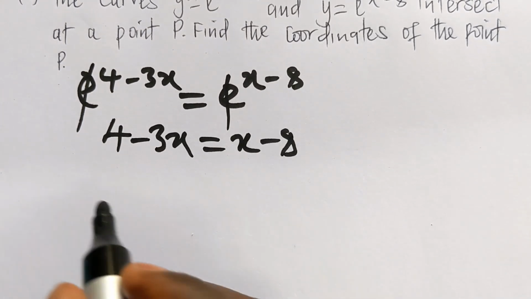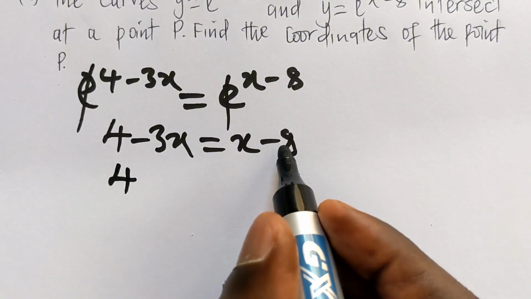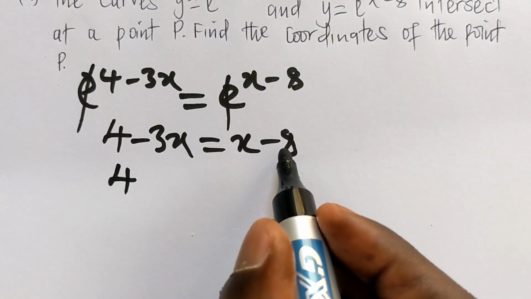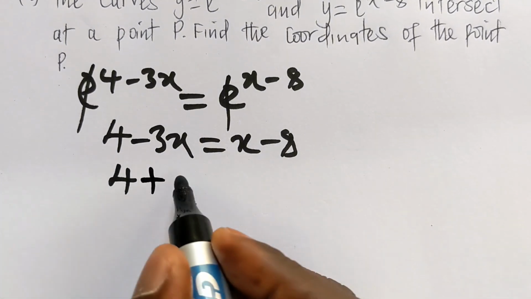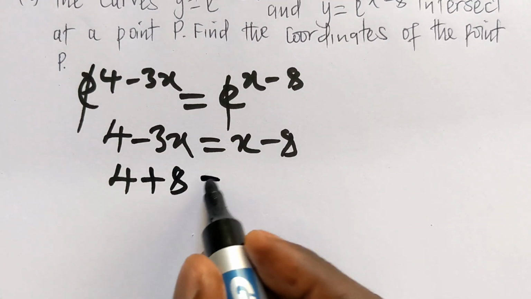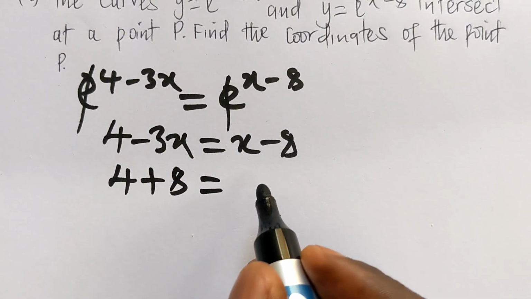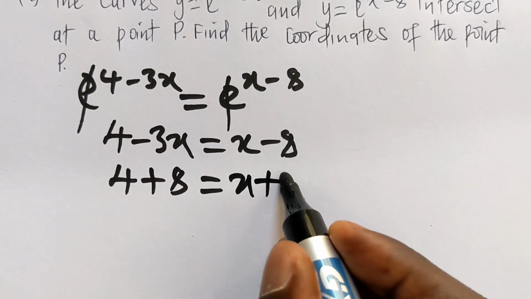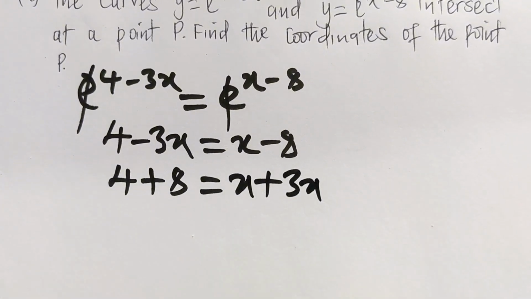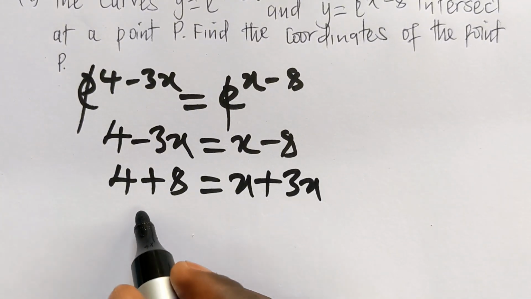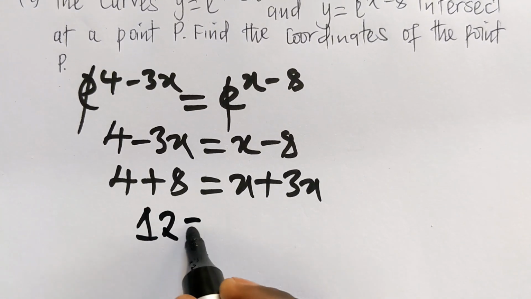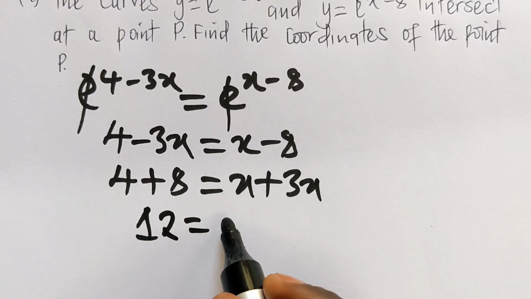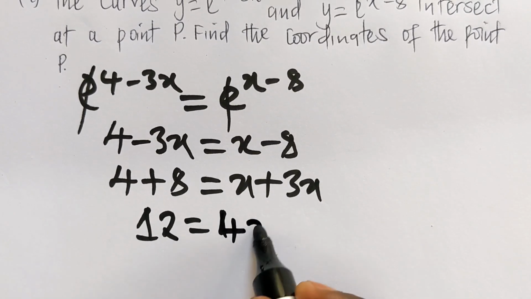Collecting like terms, 8 is negative, so when it goes to this side it will be positive. So 4 plus 8 equals, we move 3x to the right, x plus 3x. 4 plus 8 is 12, equal to x plus 3x, which gives 4x.